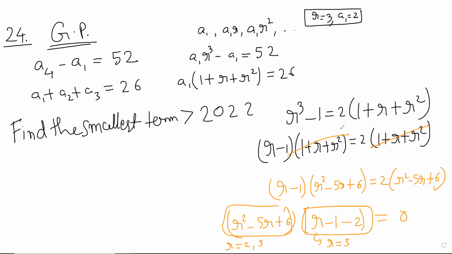first, mathematically, forget the cancellation. Mathematically speaking, it is this, and this gives you possibilities 2, 3, and 3. So basically 2 and 3.